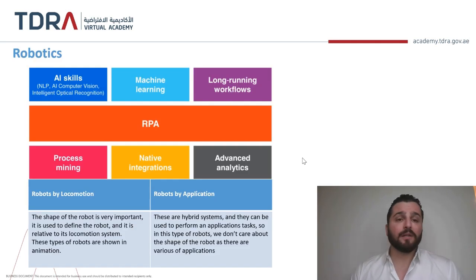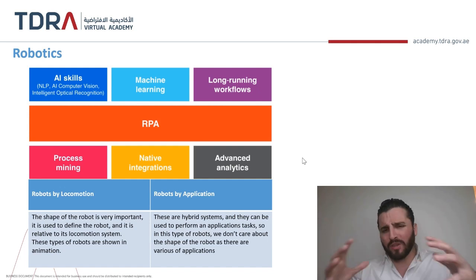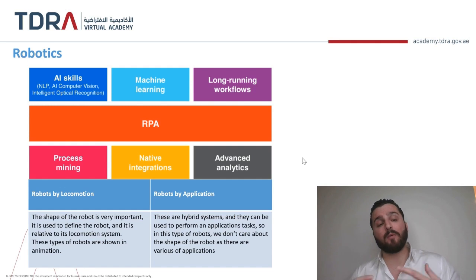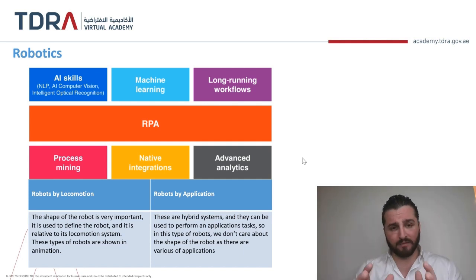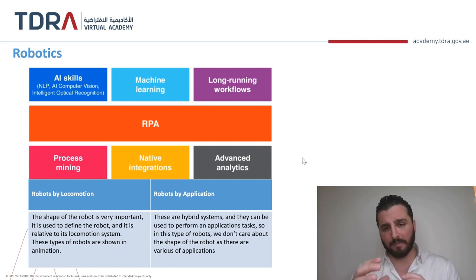We need to know that this tool is not isolated from all the other technologies that we already discussed before in my previous videos and sessions with Tedra Academy, or within the wider ecosystem. As you know, guys, Industry 4.0 reflects three main pillars: physical, digital, and virtual.